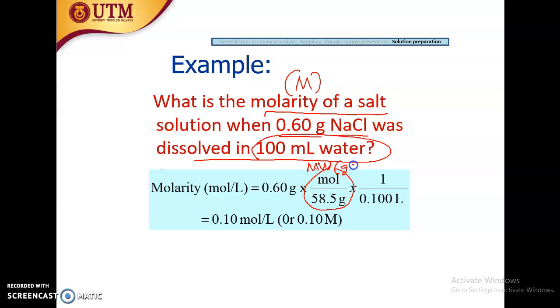Molecular weight is gram per mole, but mole is on the numerator and the gram is down there, so this is actually division. Then divide by the 1 liter. How many ml in 1 liter? So you can get 0.1 mole per liter in this sodium chloride solution.